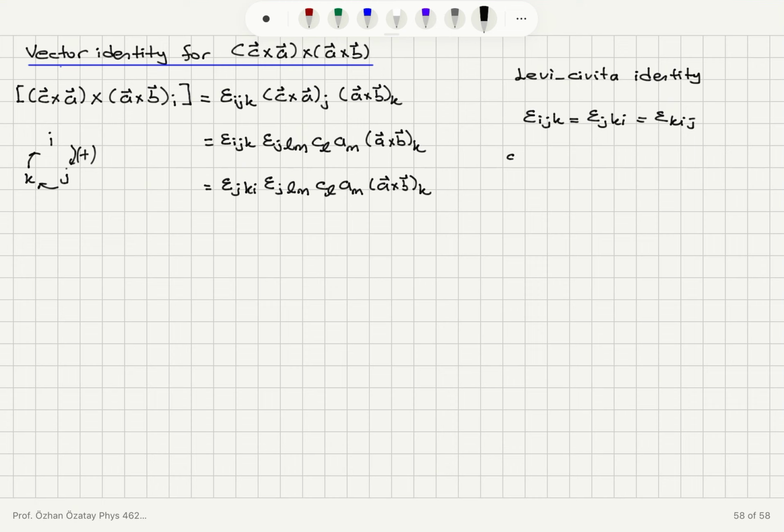Now I use the following property: epsilon jki, epsilon jlm is a Kronecker delta. What I do is I take the product of the first indices, delta KL, firsts and seconds, then I take the product of I and M, delta IM, and minus inners and outers.